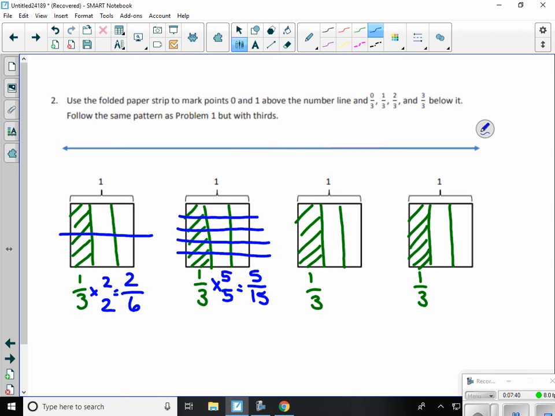Okay, Stanley, what'd you do? I split it into 3 sections. So 1, 2, 3 out of 1, 2, 3, 4, 5, 6, 7, 8, 9. 3/9. And Lee, I did 2 lines.